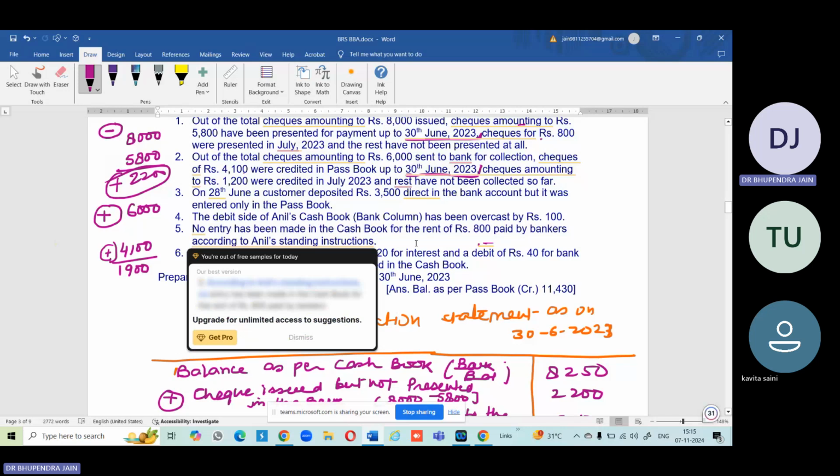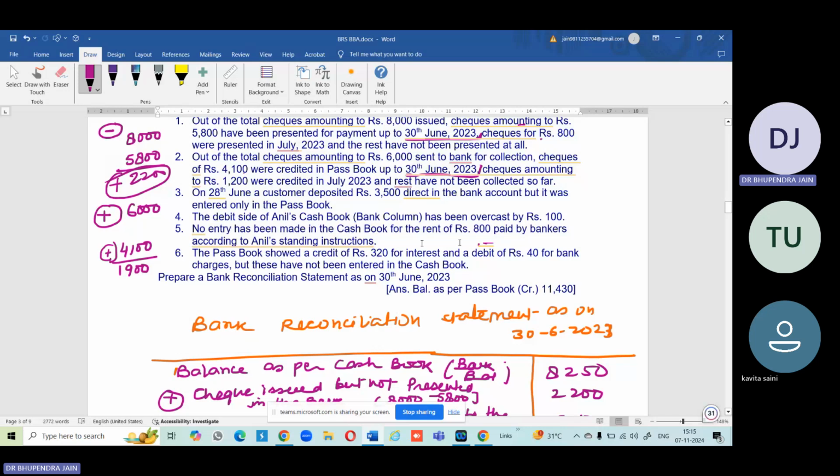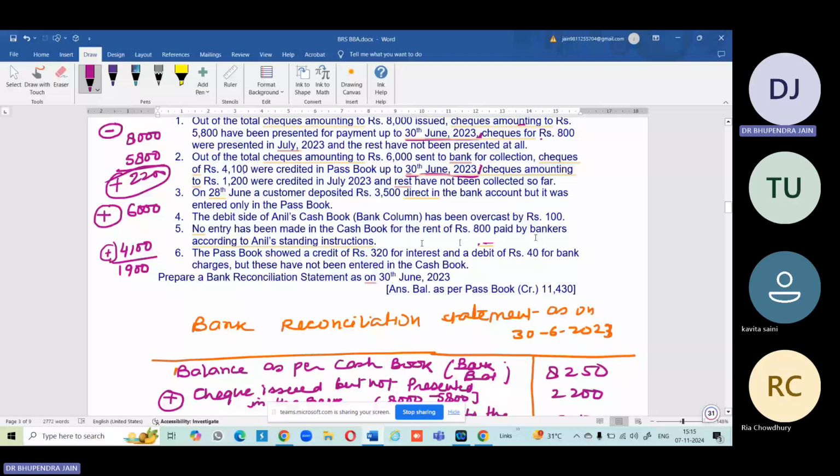No entry has been made in the cash book for the rent of rupees 800 paid by the bank. According to the standing instruction, we have already given the instruction to the bank to pay the rent on a particular date on my behalf, from my account. In that case, the bank has subtracted rupees 800 from the account, but you failed to record the transaction in the cash book.